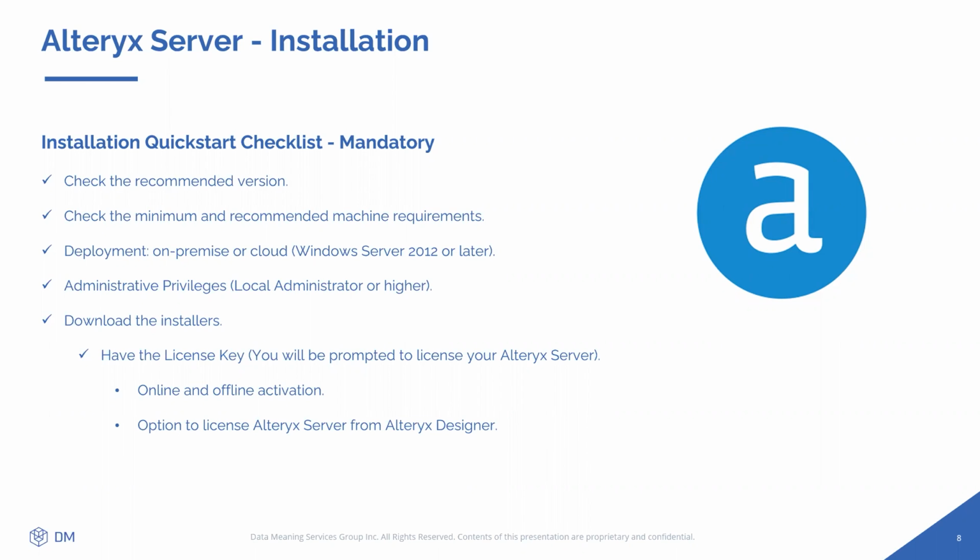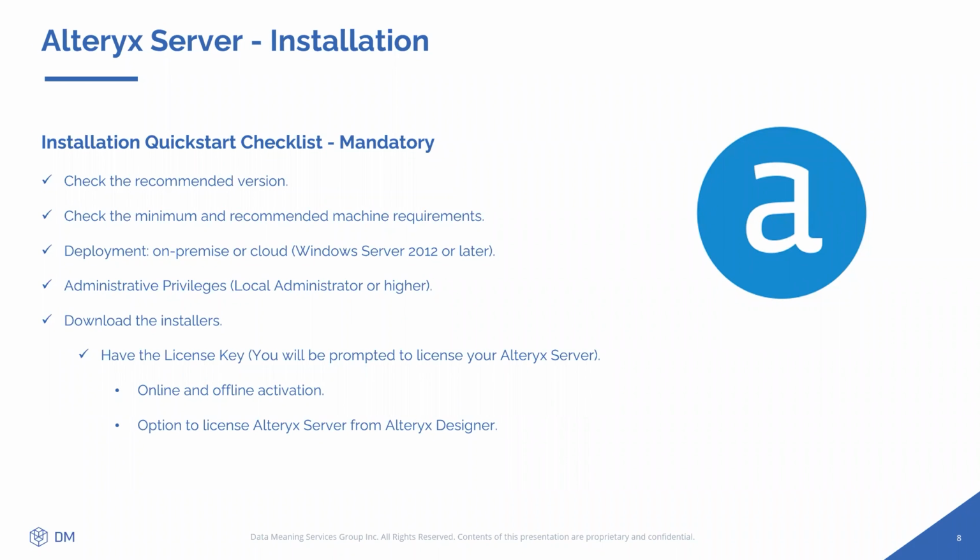And also, we must have a type of deployment. Alteryx Server is Windows-based and performs very well in both physical and virtual environments, such as AWS or Azure. So we must have a Windows Server 2012 or later. We must have administrative privileges, which means we have to be a local administrator or higher on the installation machine.